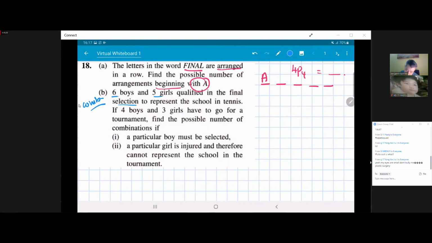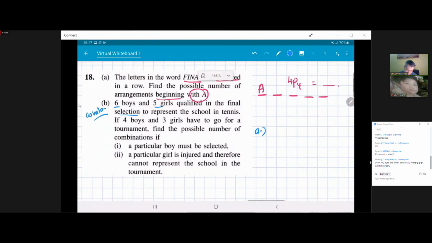So you have to understand now for the part A here, Yong Sin, you got to count again. You know why? It says here 4 boys, we've got 6 boys, but we want 4. But it says a particular boy must be selected. That means we need to select 4 boys, but 1 boy is already pre-selected.